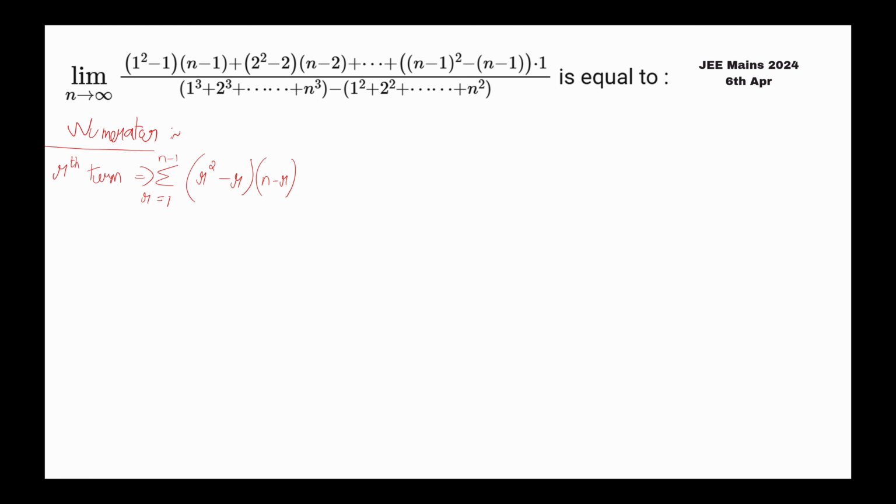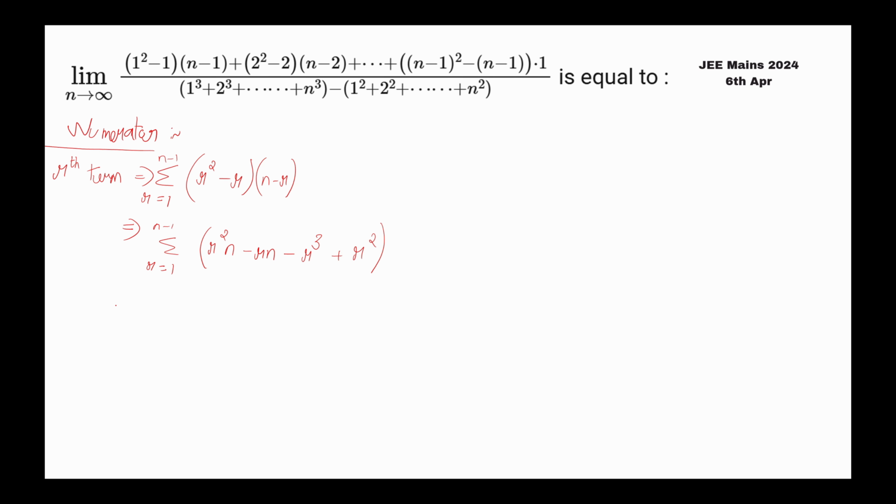Now let me simply multiply this and use my sequence and series theorem to find out my answer. So how can I write this down? This equation would simply transform to summation r is equals to 1 up till n minus 1. This would become r square n minus rn minus r cube, and this would become plus r square.